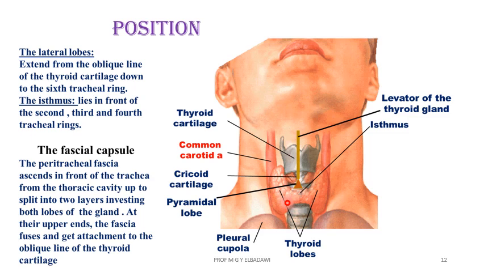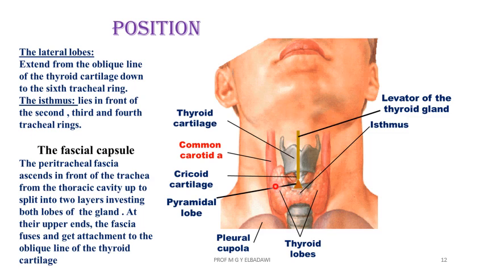The important part about the thyroid is the fascial capsule of the gland. It has a true capsule like any other organ, but the fascial capsule is formed from what we call the pretracheal fascia, one of the visceral fascia of the neck, which ascends in the neck around the trachea, till it reaches the level of the thyroid gland.